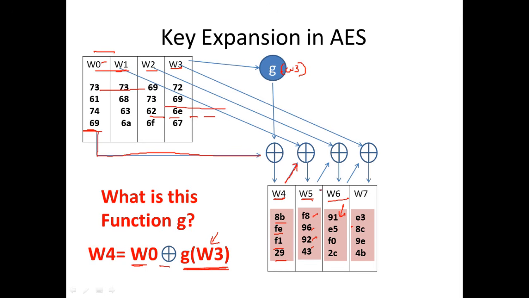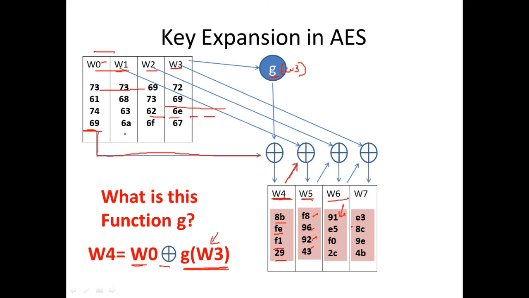The tougher thing here is determining the very first word. For this, we have to use this function G, compute G of W3, and then XOR that output with W0 to get W4. Once you get W4, the remaining things are simple, just XOR with W1, W2 and W3, and you're going to get the output.